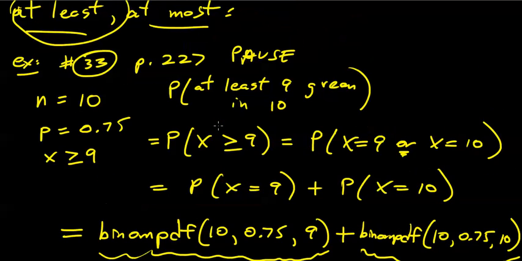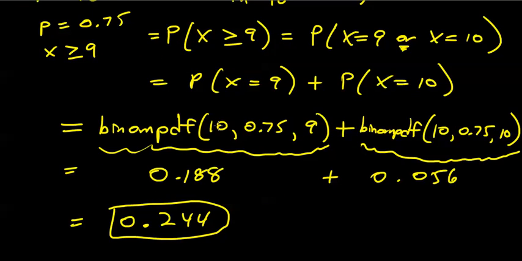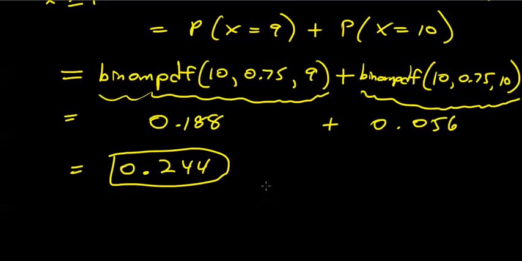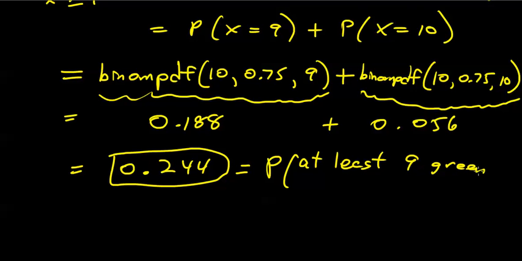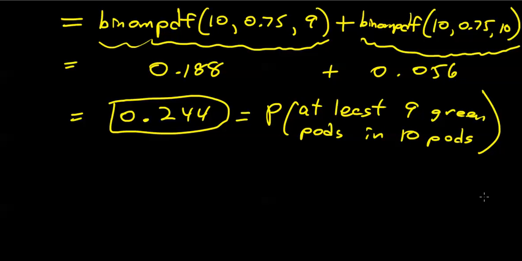So it's kind of lost in the upper reaches of the screen here. So let me label that answer again. This is the probability of at least 9 green pods in 10 pods. And so we essentially add up the 9 and 10 case together with our binom PDF command.